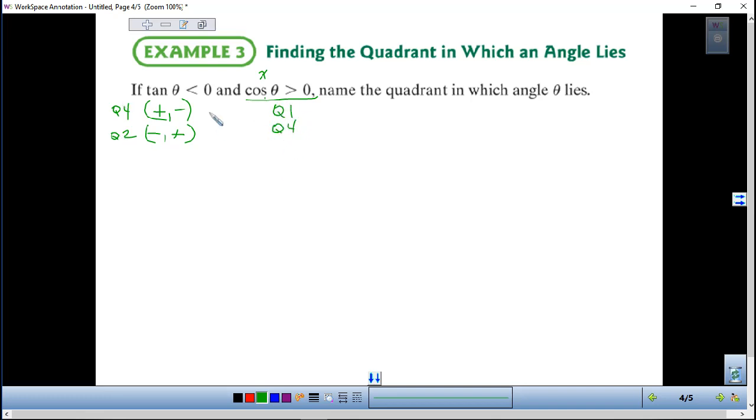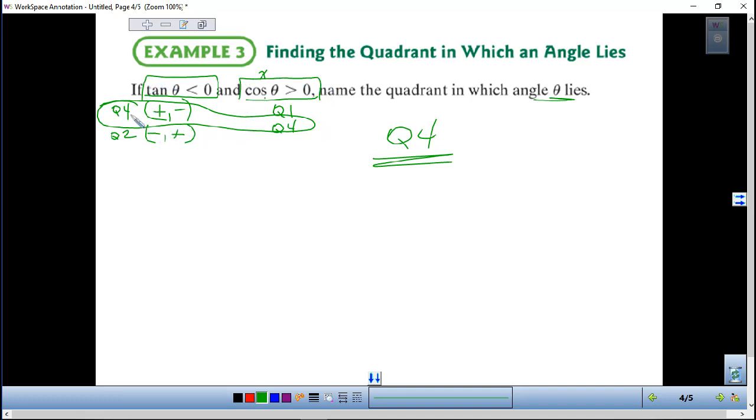Now, which one is in both lists? Well, quadrant 4, of course. So the angle theta for this situation lies in quadrant 4. So you just take it, find out where this can occur, where this can occur, and then find out which one can give you both.